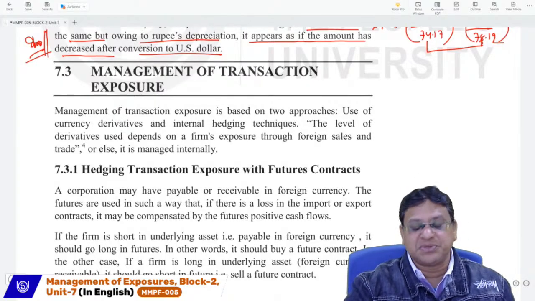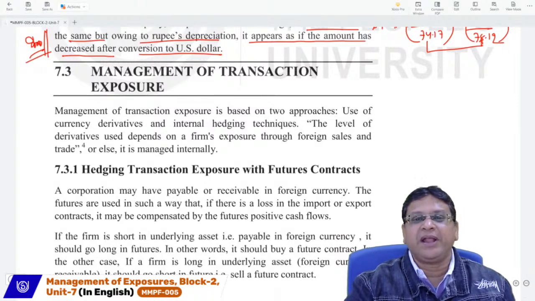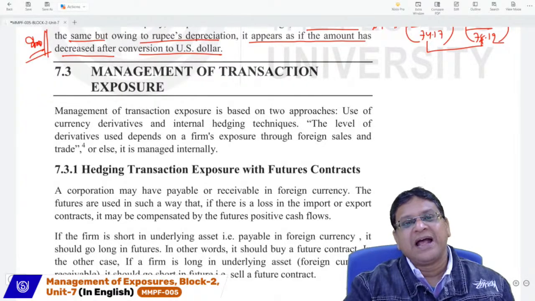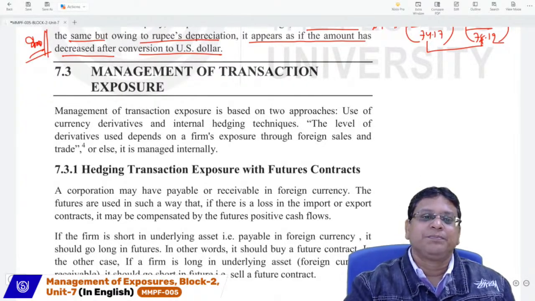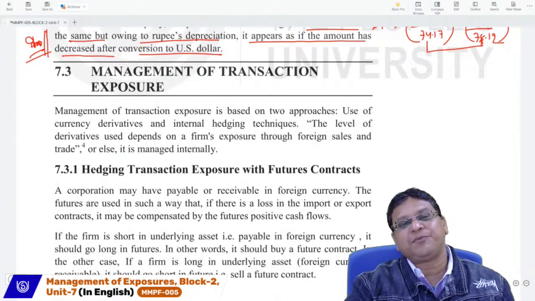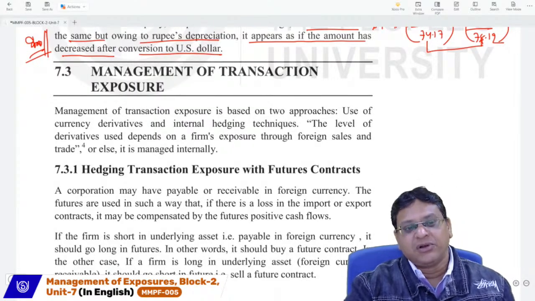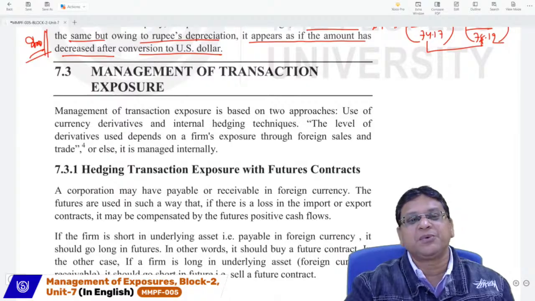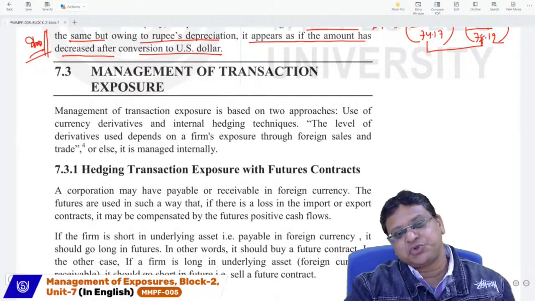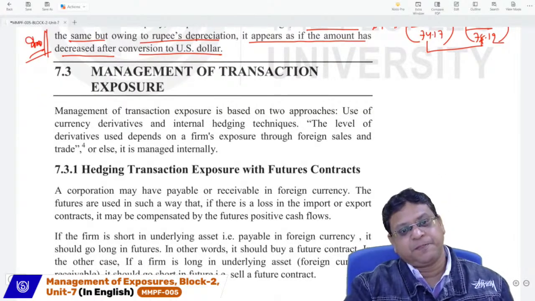But translation exposure arises due to the preparation of consolidated profit and loss and consolidated balance sheet, where a subsidiary company's figures are translated into the parent company's currency. At the time of translation, the book value of profit, loss, or the book value of assets, liabilities, equity may change due to fluctuation of the exchange rate, and that is known as translation exposure.